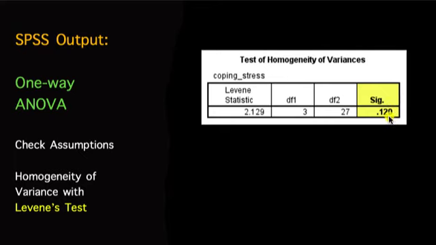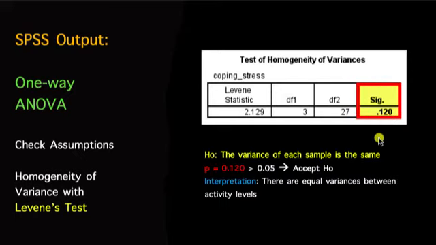Our interpretation of this is pretty much the same as what we would have used for a t-test. So the null hypothesis is that the variances of each sample is equal or the same. So in this case, we have a p-value equal to 0.120, which is greater than our alpha level. So that indicates that we accept the null hypothesis, which leads us to, in our interpretation, that there are equal variances between our activity levels.